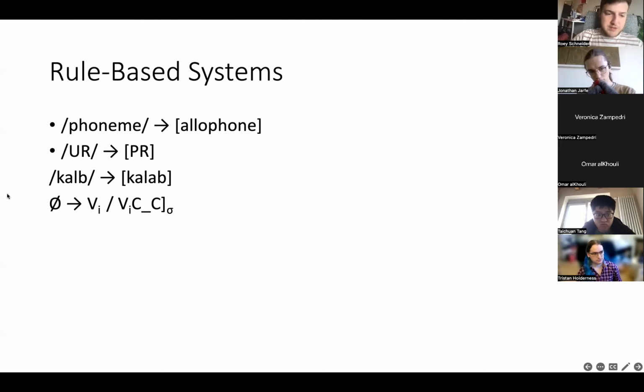So if I wanted to write this in a rule-based system, I would talk about what becomes what. So in a case of epenthesis and aptixis or whatever, there is 0 in the underlying representation that becomes something. Okay, so that is the process that I'm describing here. 0 becomes vowel.